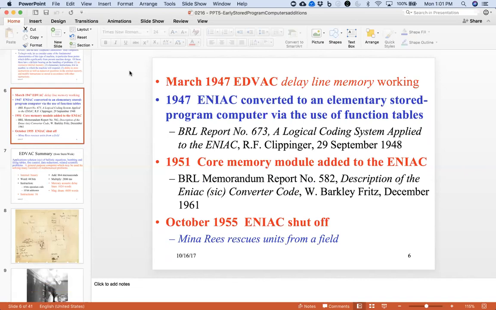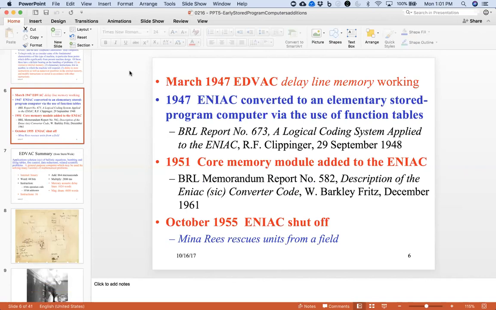So, and then of course by 1951, memory was a regular concept on the ENIAC. So again, you look at the time frame here, from the time that von Neumann said every machine should have memory, to the point where it actually started happening. It was a few years, but it did happen.